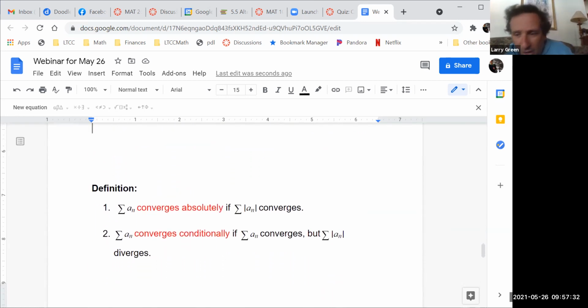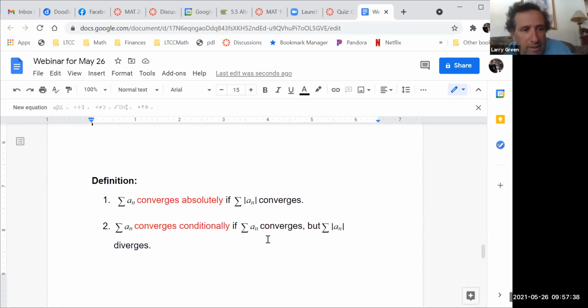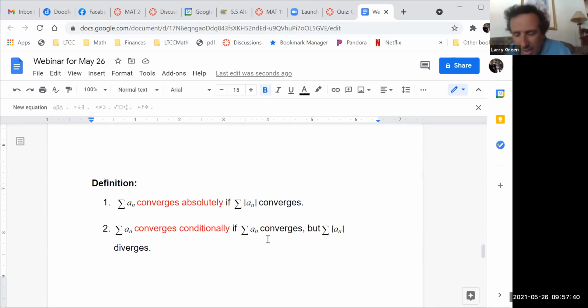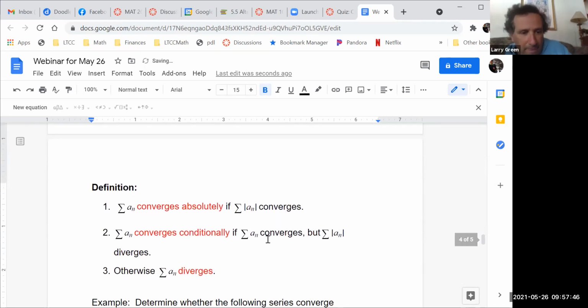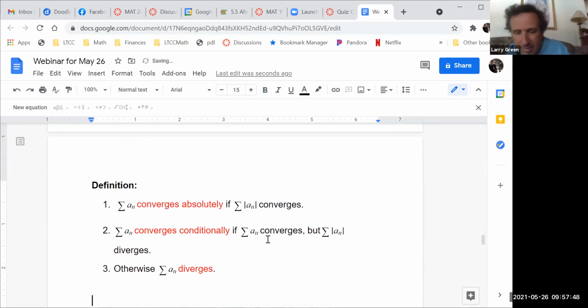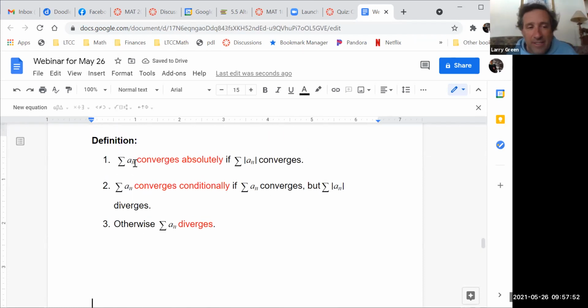Okay, so now this is a definition, and it's an important one. Let's scroll down so I can get it all in one line. There we go. So here's the definition.